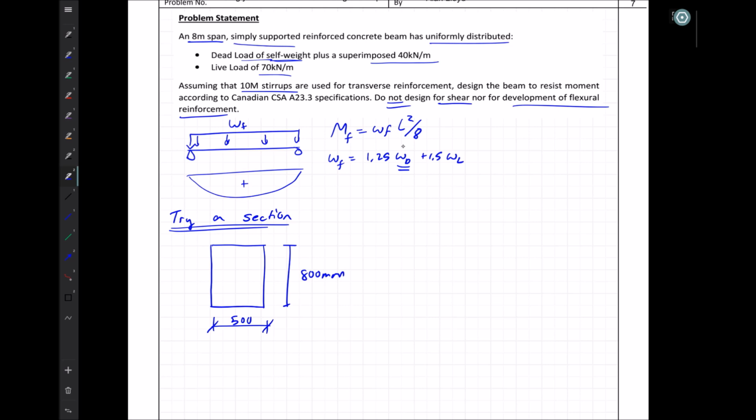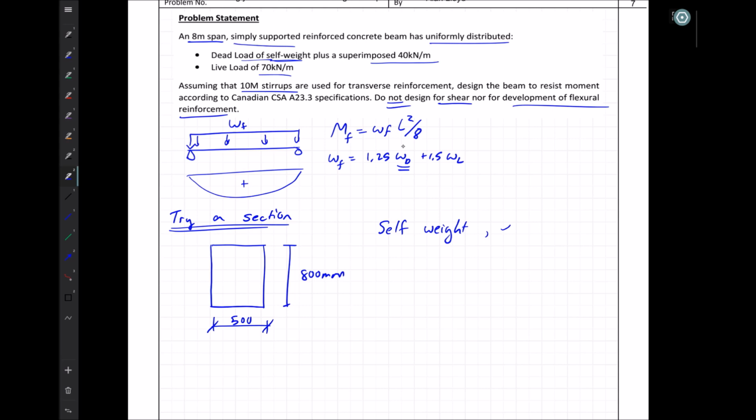The limb we're taking here is an 800 millimeter deep beam. We will change the dimensions to make this work as we move through this problem. But for now, we're going to choose this, and we'll estimate this section will give us an idea of the self-weight.